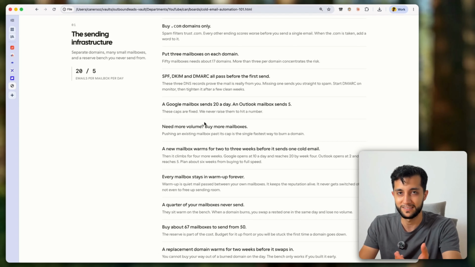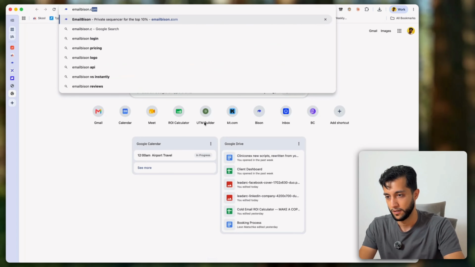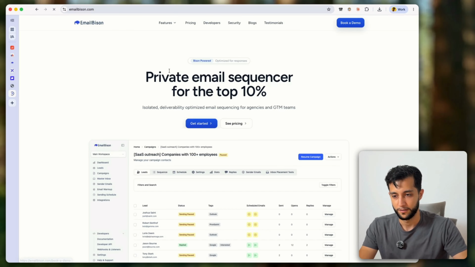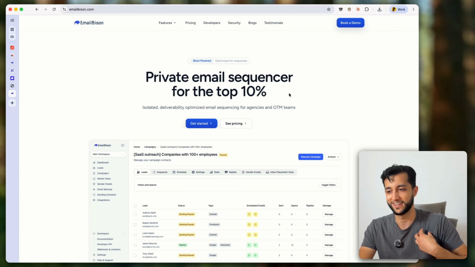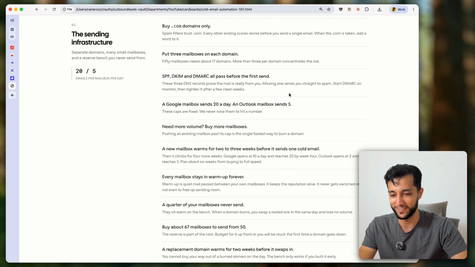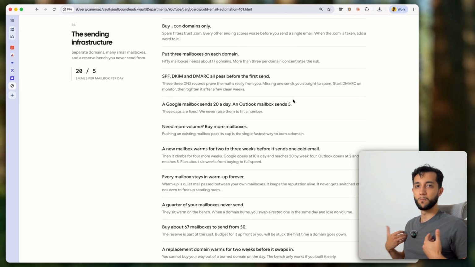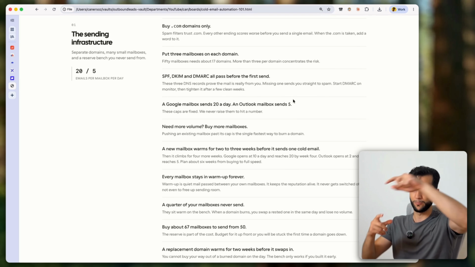And Email Bison basically doesn't take anyone in, in case you're curious. They don't let anyone in, which is super nice, because I can be sure that my inboxes are not sending out any emails to some gambling site, which is going to harm my reputation as well, because at some point they could backtrack.